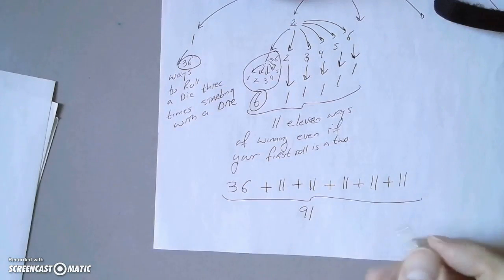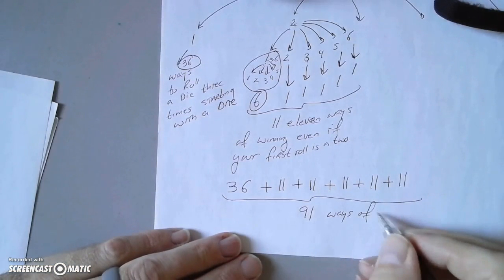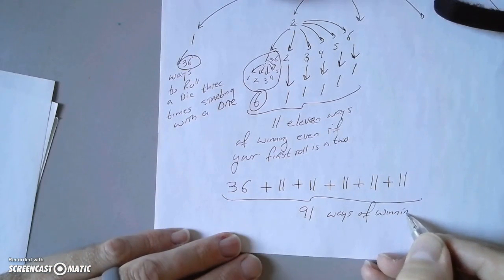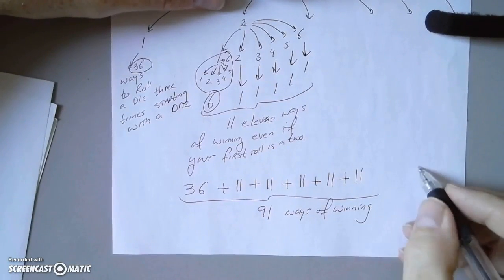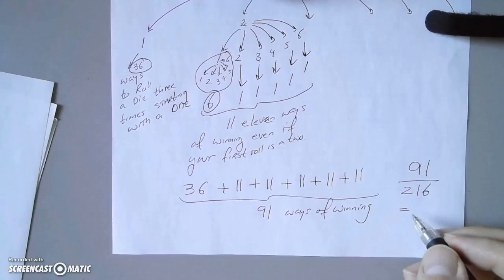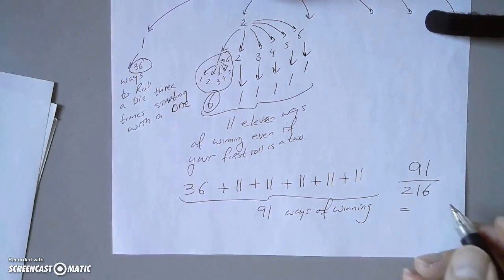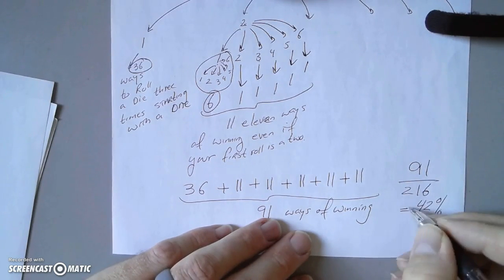There are 91 ways of winning. So that means the odds are 91 over 216 possible outcomes, which is about 42%.